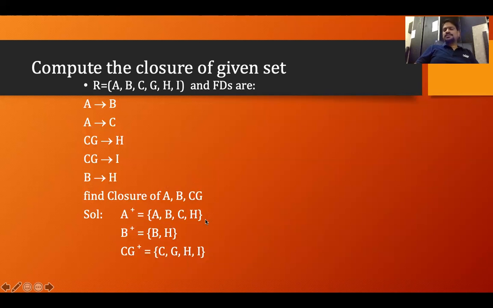So AG will become the candidate key. But what I told you is that we have to find the left hand side part, the determinant part, and find the closure of it. We didn't find any candidate key.